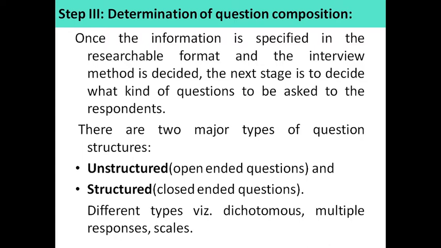Now dichotomous, as I have given an example: do you have a bank account? Then there are two responses, say yes or no. If there are two categories of response, then that is called dichotomous. Now multiple response, say in the same question, do you have a bank account? Sometimes there may be some respondents who may find such a question very intrusive, like, why are you asking me this question?